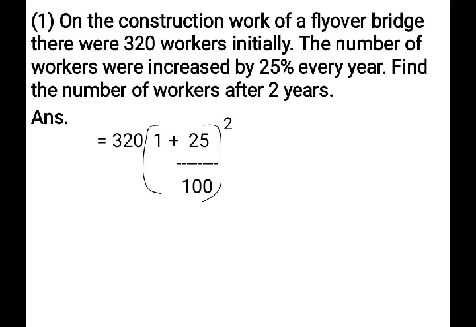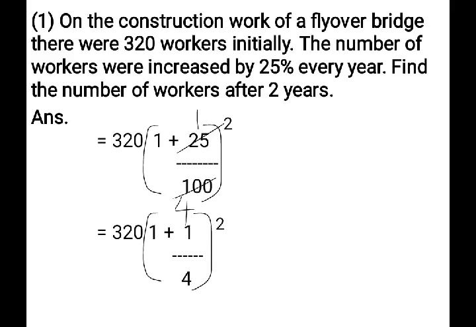Next step, now you have to do cancellation in the bracket. Numerator 25 and denominator 100, you have to do the cancellation. It is going in the 25 table. 25 ones are 25, 25 fours are 100. That is equal to 320 in bracket 1 plus 1 upon 4 raised to 2.